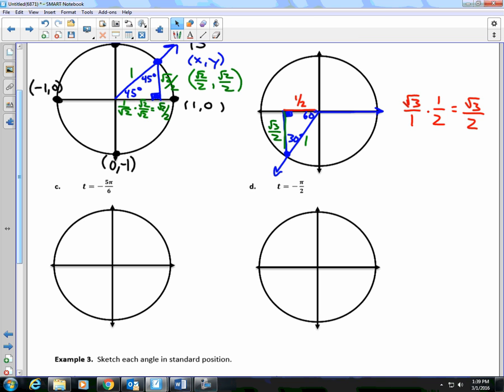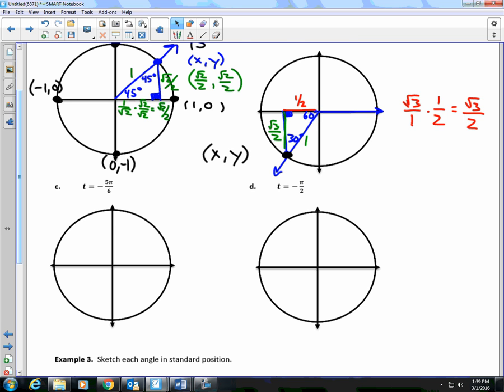Again, the whole question was, what is the terminal point that is determined by the angle 4 pi over 3, or 240 degrees? What is that x value and y value?